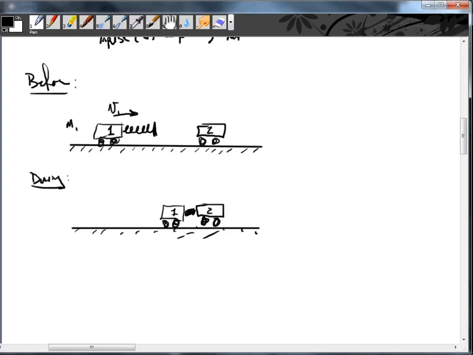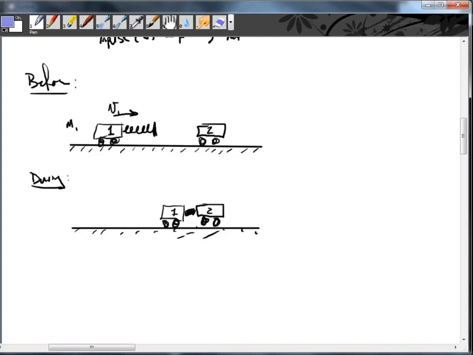In this moment, with the spring completely compressed, according to Newton's third law, the force of our first cart on the second is going to equal the force of our second on the first.